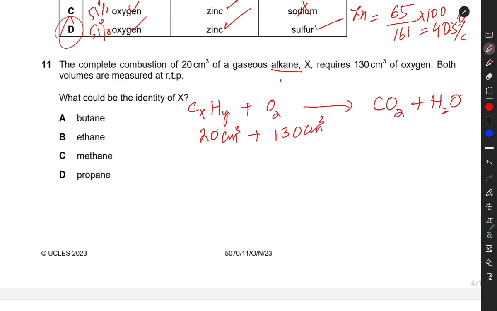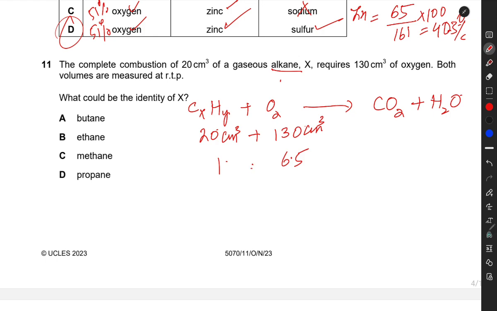20 ones are 20. 130 divided by 20 is about 6.5, and this is equal to 1.